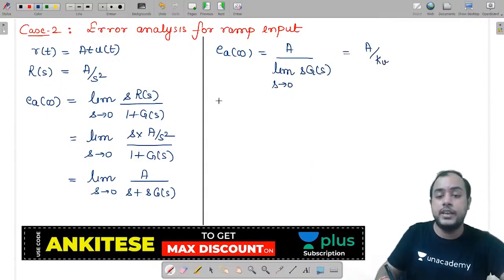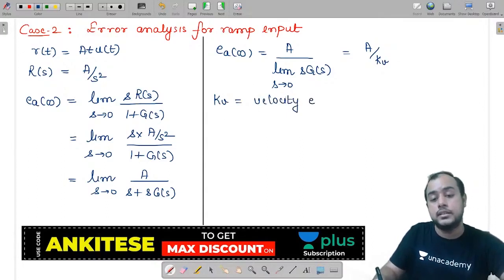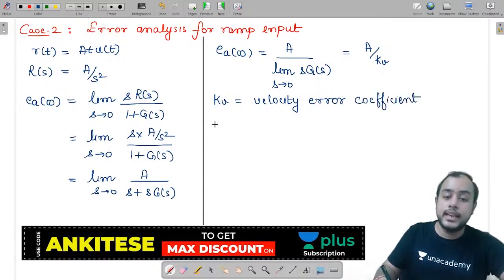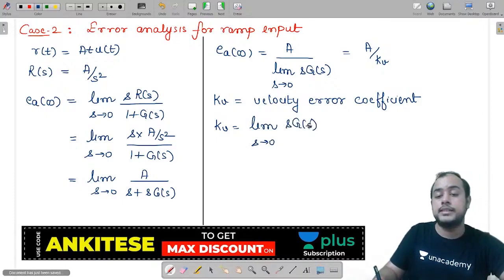Now we give this a name, A by Kv. What is this Kv? Kv is called the velocity error coefficient. Now this Kv is basically limit s tending to 0, s into G(s).